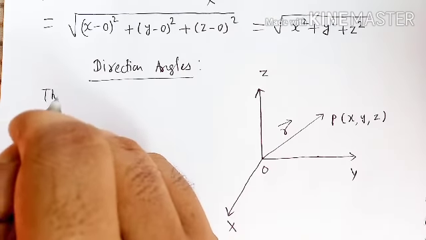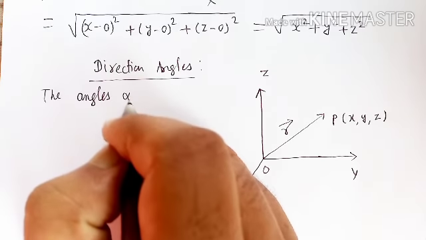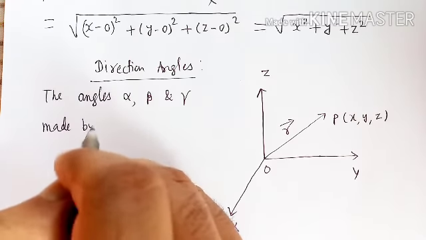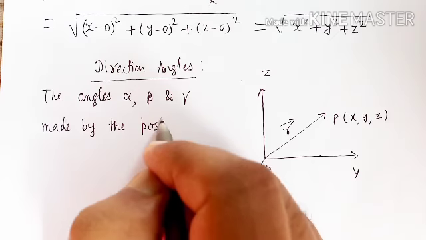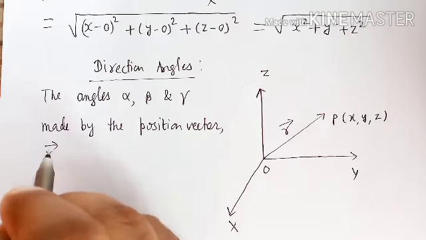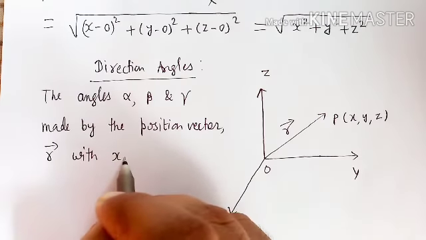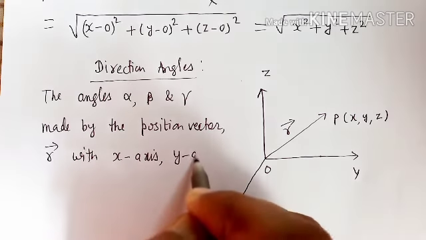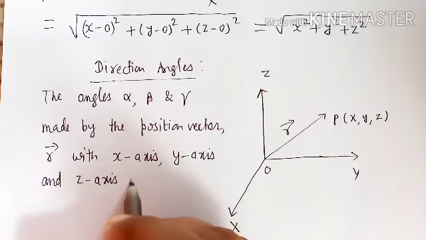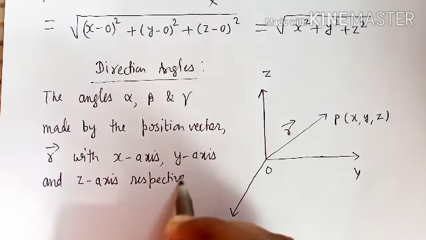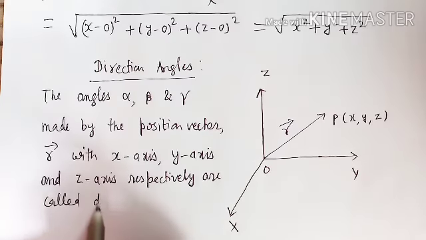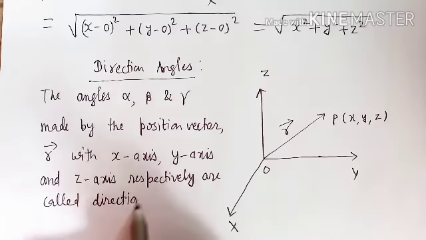The angles alpha, beta and gamma made by the position vector R with x-axis, y-axis and z-axis respectively are called direction angles.